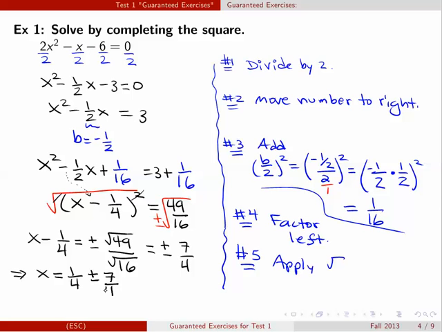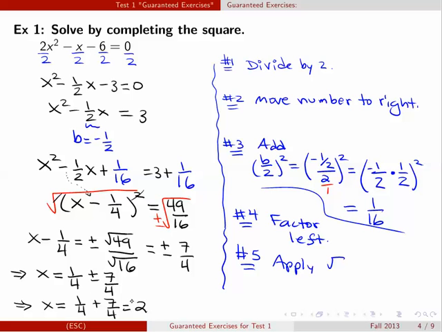The idea is we need to split this into two answers. The first answer is 1 over 4 plus 7 over 4, and when you finish simplifying, you should get 2. So that's our first answer.